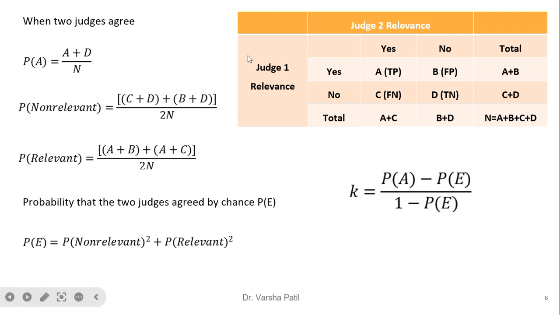For the probability of non-relevant, we take (C plus D) and (B plus D) divided by 2N, and for relevant we take (A plus B) and (A plus C) divided by 2N. For the probability of chance, we take the probability of relevant squared plus the probability of non-relevant squared, and then we put the values into the formula and get the value of K.